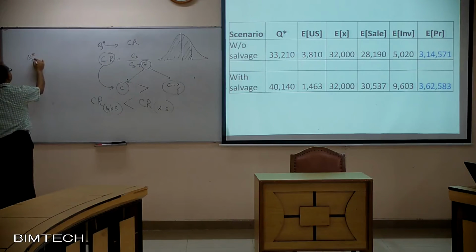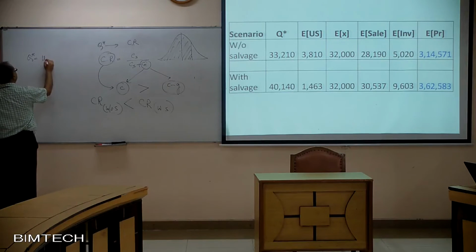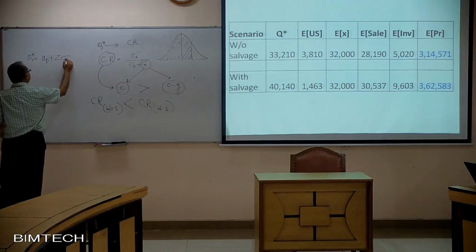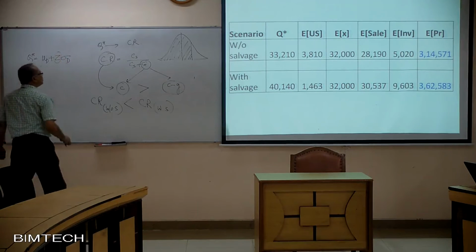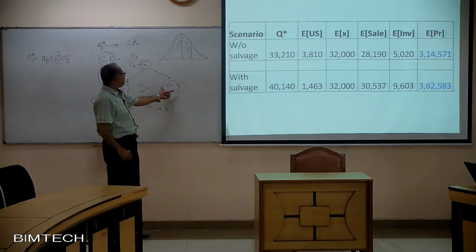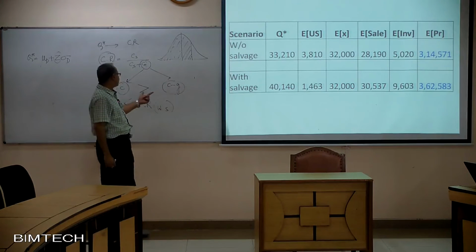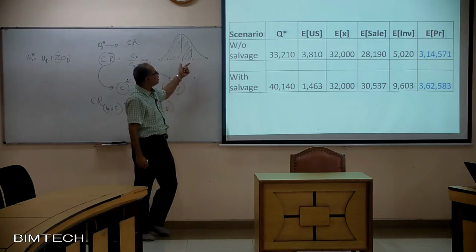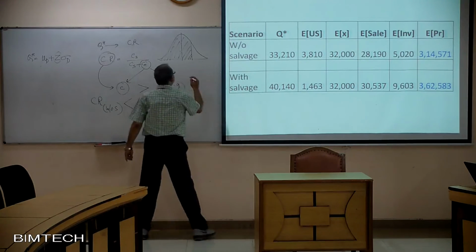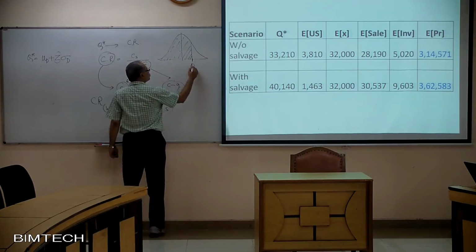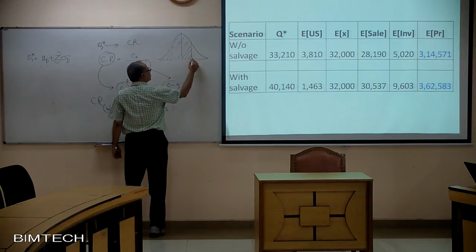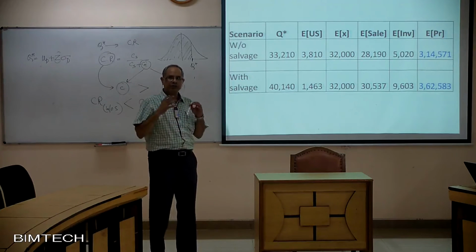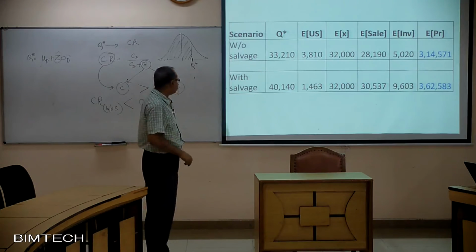My Q star is equal to the mean demand plus Z times sigma D. Now, this Z value is going to be bigger for C minus G as compared to for C. And because the Z value is bigger, my Q star value is going to be bigger. So this is something conceptually we need to understand.